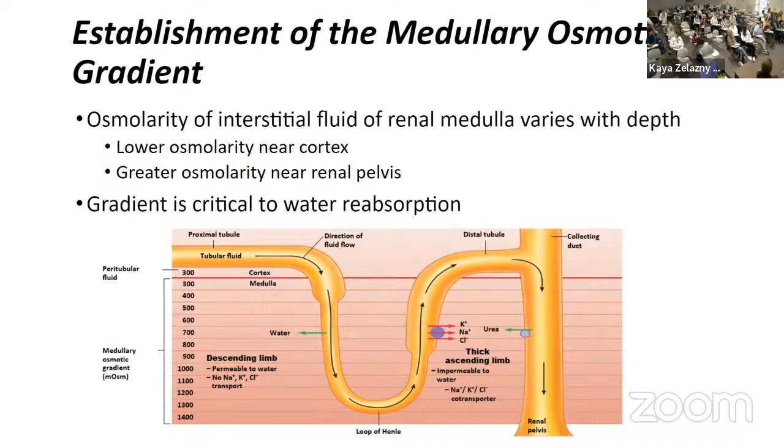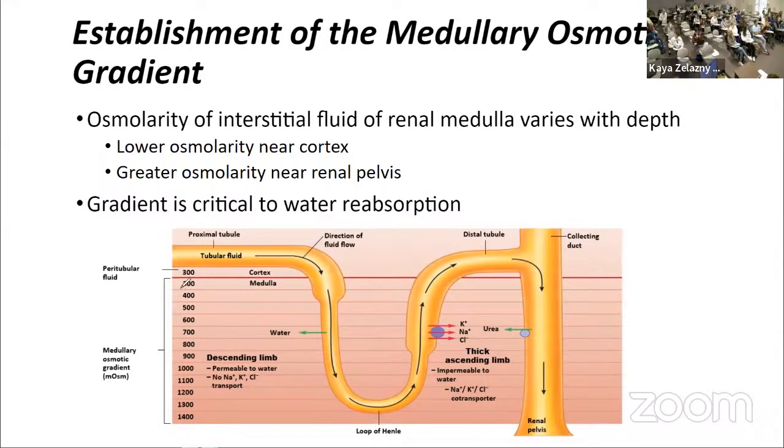We're thinking about a gradient because as we dive down into the medulla, we don't have a single number to remember as the osmolarity of the medulla, because it's getting stronger. Our numbers are getting higher as we go deeper into the medulla. That's the gradient part, the difference.